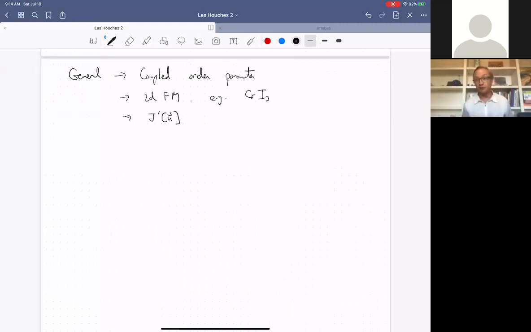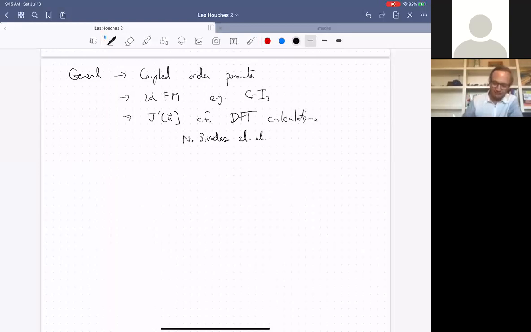And this is believed to be because of the differences in alignment between layers. In fact, there are some nice DFT calculations. They've been done by several groups, but I'll refer to a paper by Sivadas et al. This is in the group of Craig Fennie from 2018.